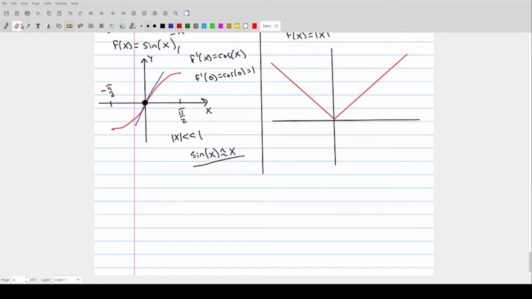And you can show using the limit definition of the derivative that the limit of the difference quotient as delta x goes to 0 from the positive side of the absolute value of 0 plus delta x minus the absolute value of 0 over delta x, the same thing as the limit as delta x goes to 0 from the positive side of the absolute value of delta x over delta x, is equal to 1.